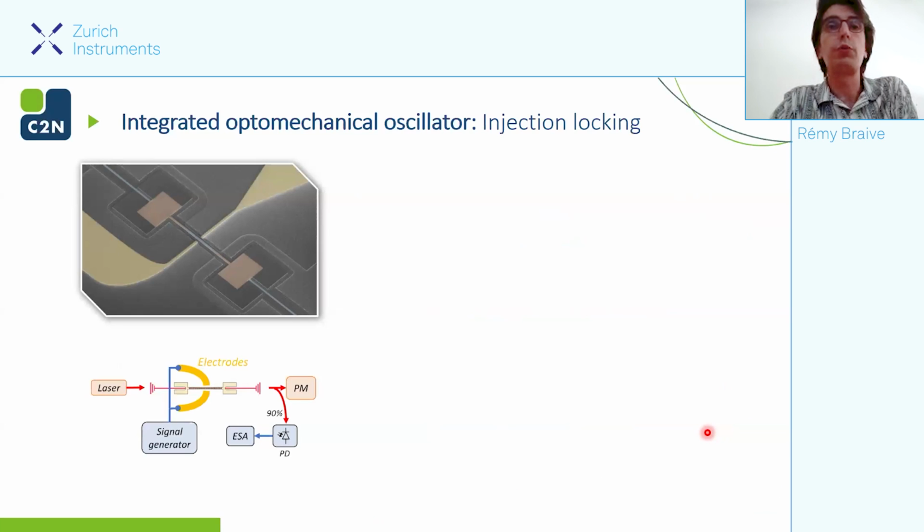But now what we want to do is implement a feedback loop. So we need to use these two electrodes in yellow I was talking about before. For the moment, in order to characterize the system, we simply use a signal generator and an electrical spectrum analyzer to see the response.